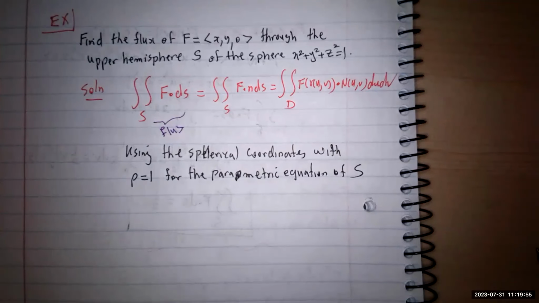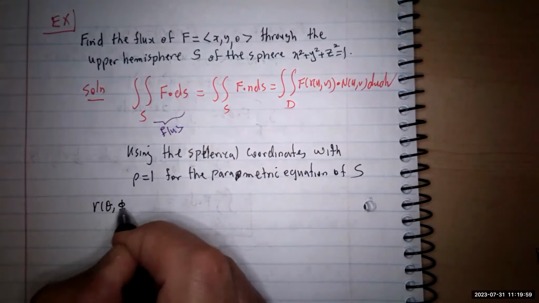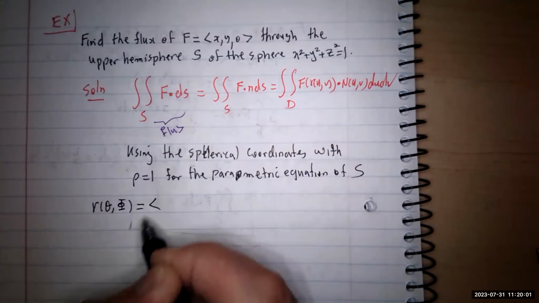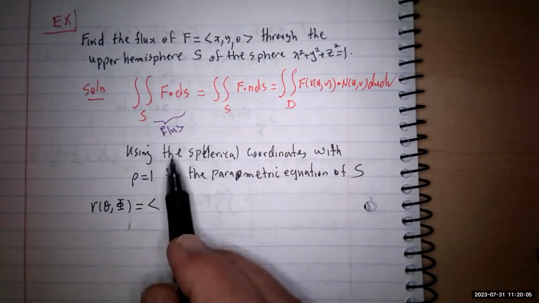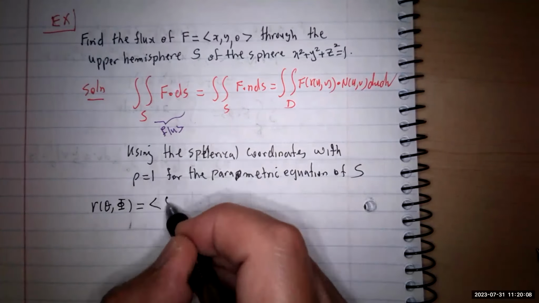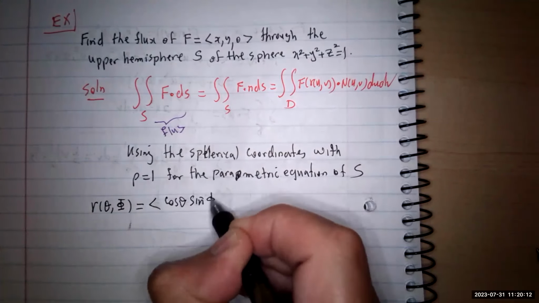Now, remember, it's going to be r of theta and phi. Remember, the x coordinate was rho cosine theta sine phi. Rho is 1, so it's going to be cosine theta sine phi. That's the x.